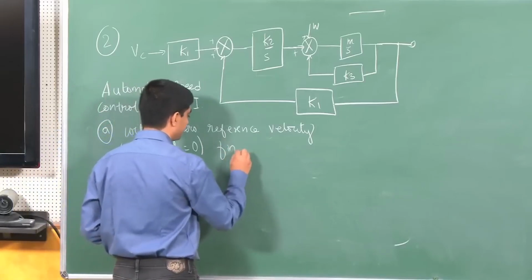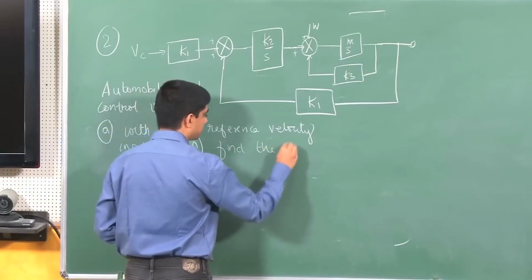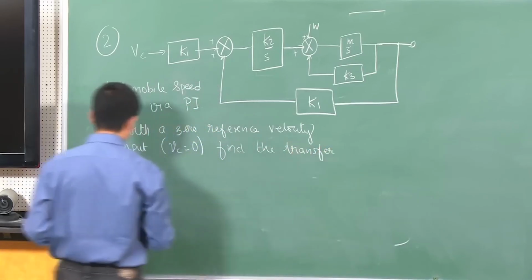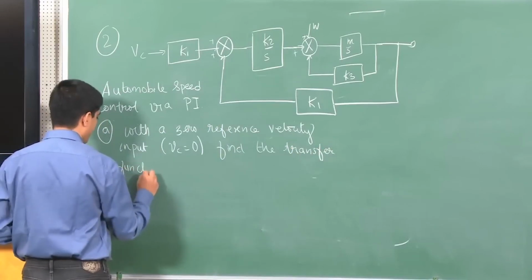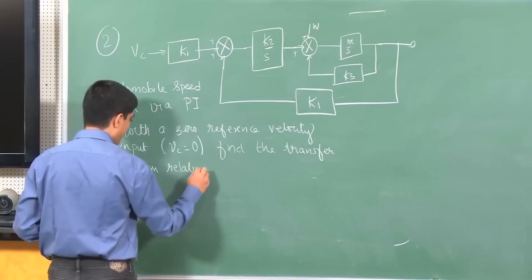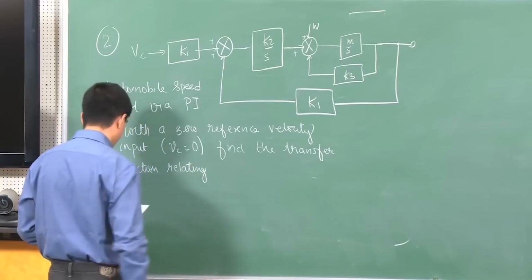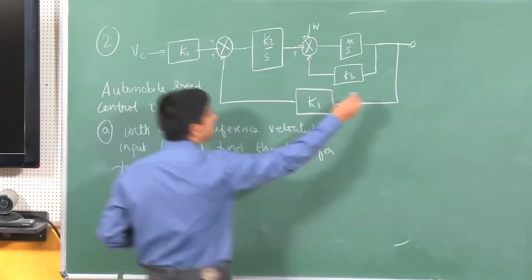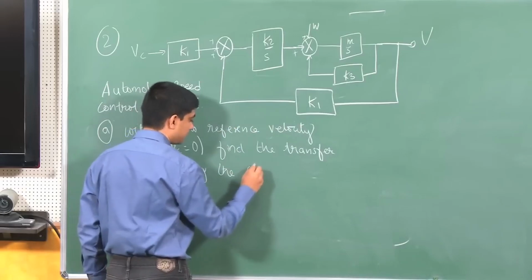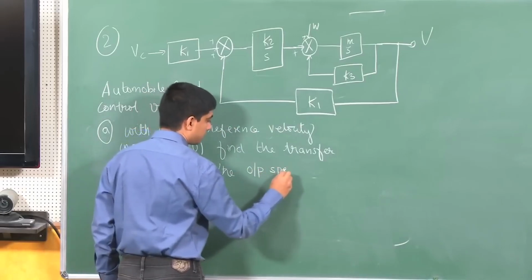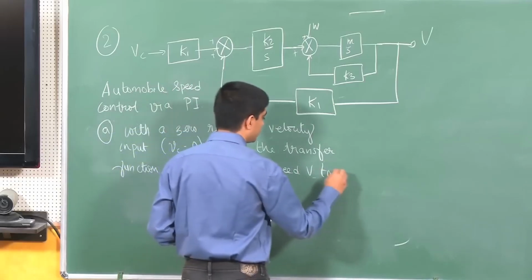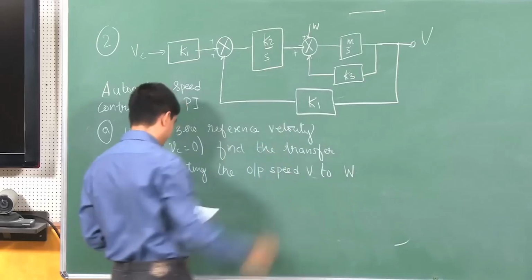find the transfer function relating the output speed, let me call this V, to the wind disturbance W here.